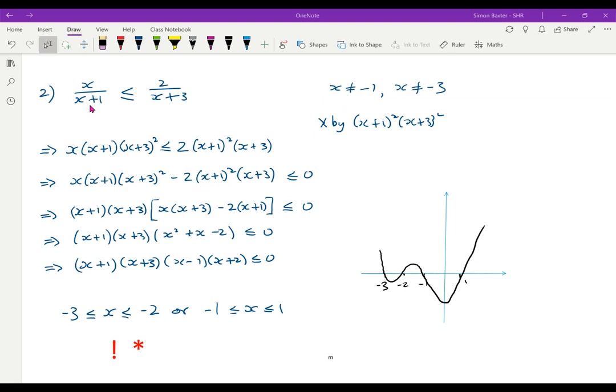Because x plus 1 was on the denominator, x cannot be -1, and x cannot be -3. So down here, we can't have less than or equal to in two of those places. x cannot be -3, and x cannot be -1.